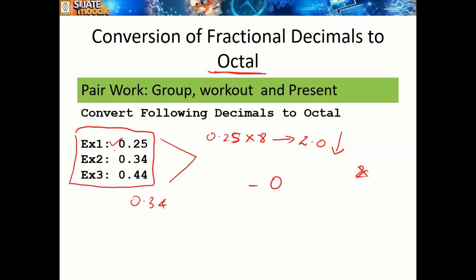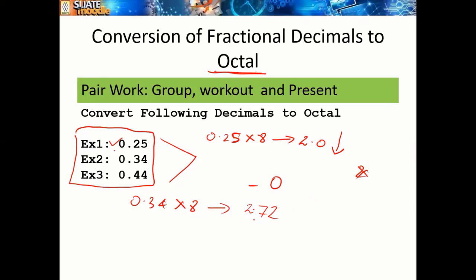0.34, and we have to multiply it by 8. So 2.72.